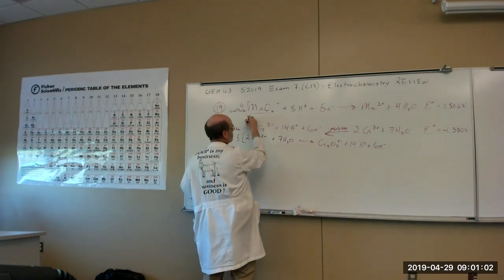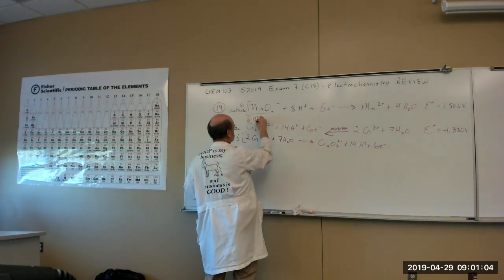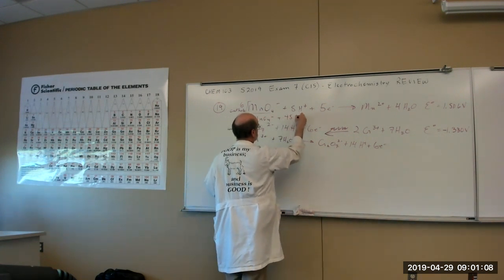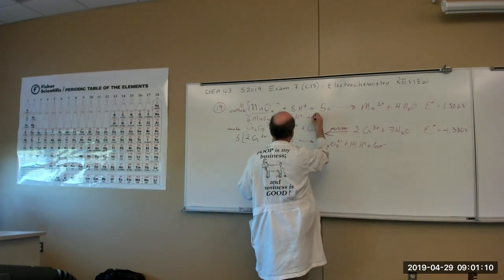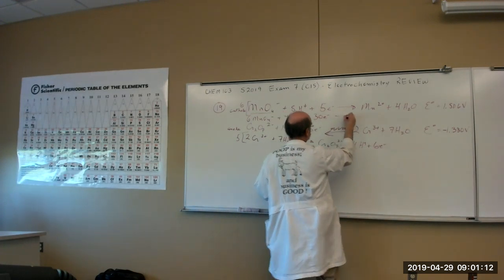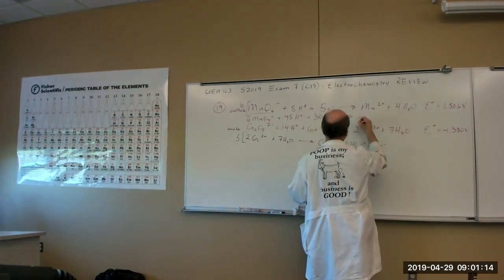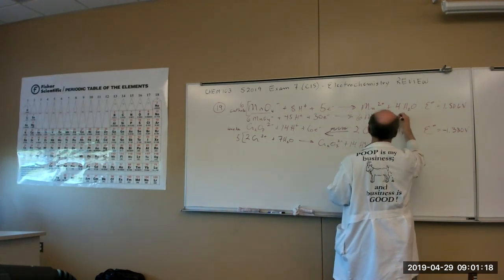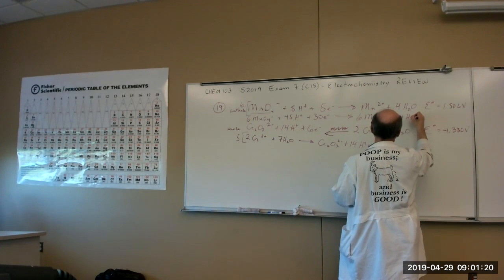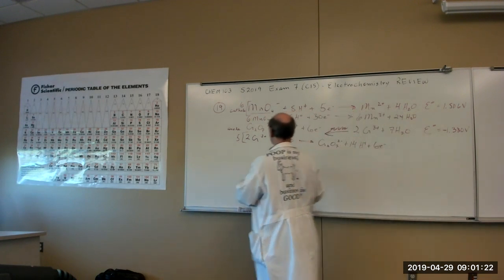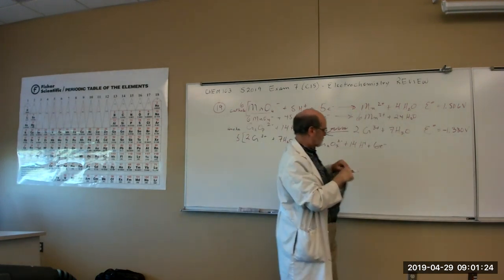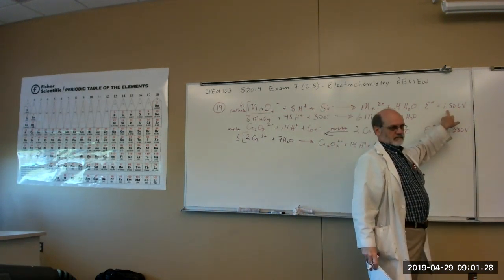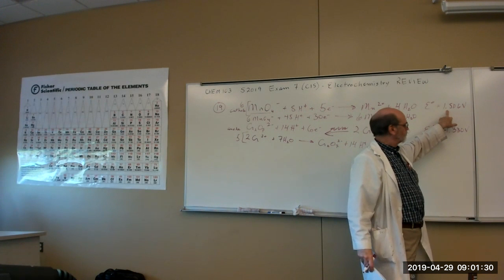So we get 6 manganates plus 48 hydrogens plus 30 electrons, 6 manganese 2 plus and 24 water. Now, does that change? Nope. Doesn't change.